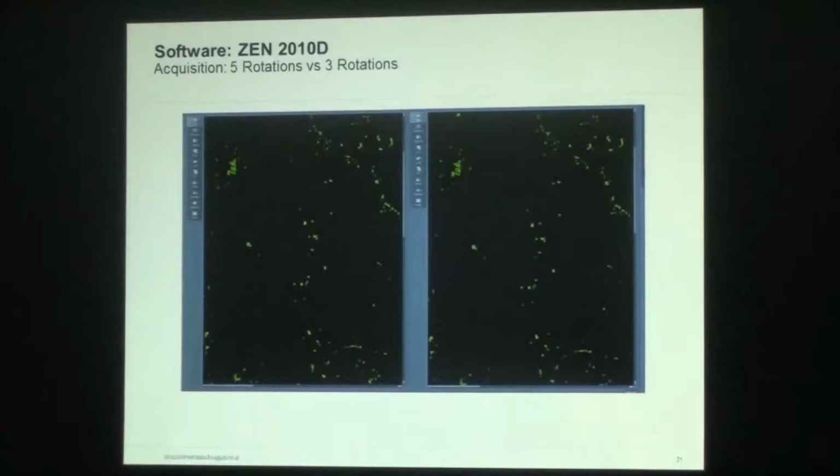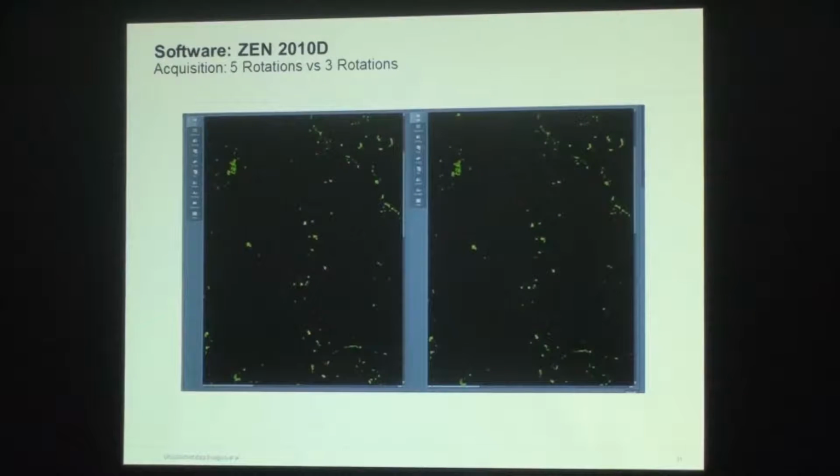So these are a few examples and tests I have run after the system was installed, and I would like to share them with you. I would like to see whether there is any difference between 5 rotations and 3 rotations. The images you see here are 5 rotations and 3 rotations.